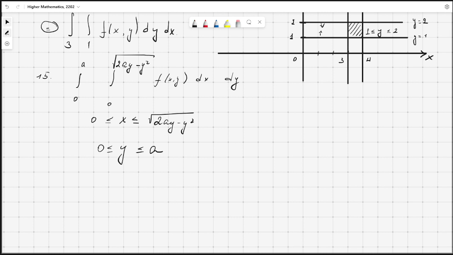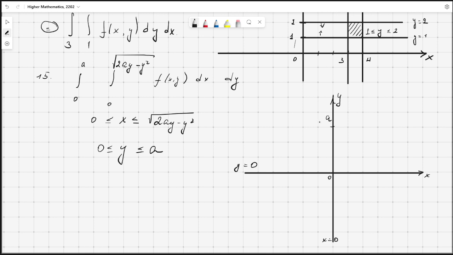Construct. Y, 0, x. x is 0 is the y-axis. Y is 0 is the x-axis.